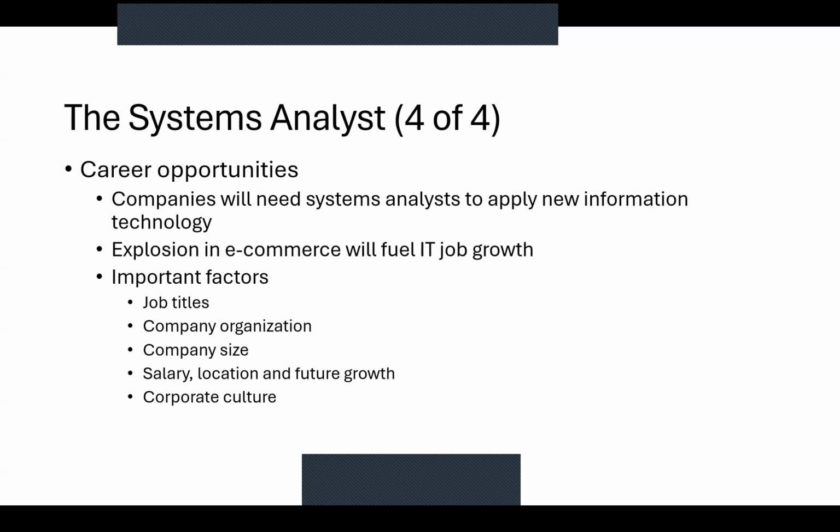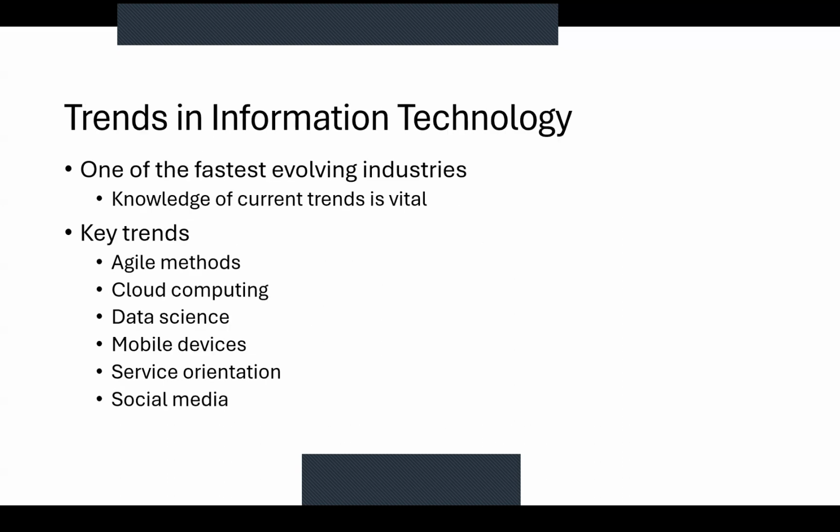Now, when we talk about the trends in information technology, one of the fastest evolving industries is information technology, as we have just seen. And now it is AI. But again, AI, for developing that system also, you need system analysis and design. So information technology is one of the fastest evolving industries. What it requires is the knowledge of the current trend, which is vital for developing a successful information system.